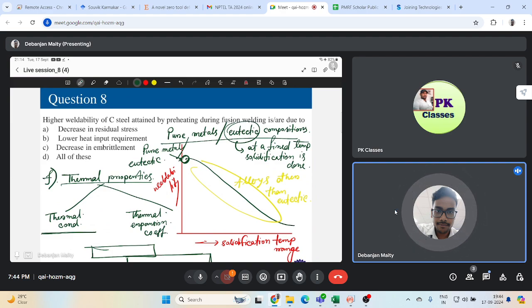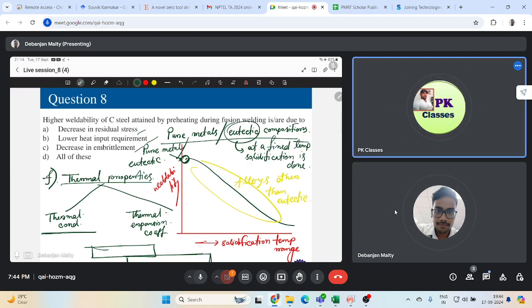Again, of course, the higher weldability of carbon steel attained by preheating during fusion welding is due to, if I do preheating, as you know, a decrease in residual stress. Also, if I do preheating, the heat input requirement will be less. All of these, sir. All of this.